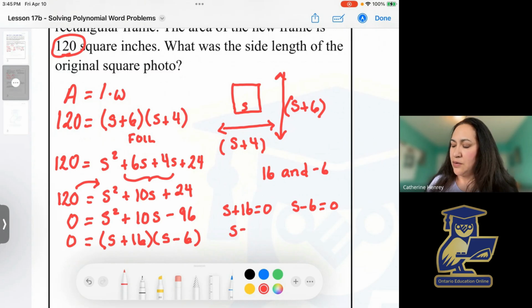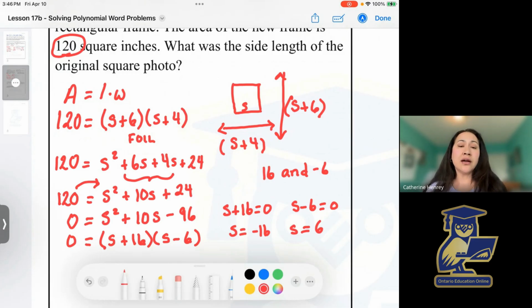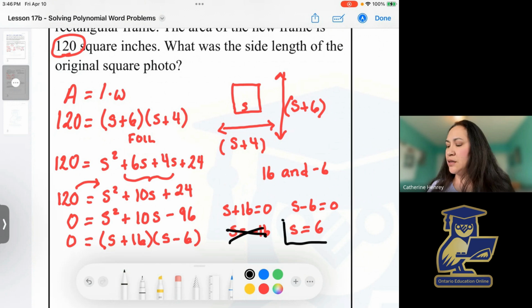And S can come out to negative 16, or S equals 6. Again, take a look at the context of this problem, and we're talking about a photo, and a photo is not going to be able to have a negative 16 side length. So in this case, the original side length of our square photo is 6 inches.